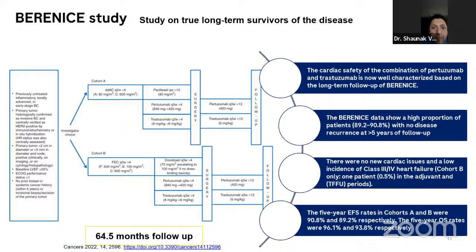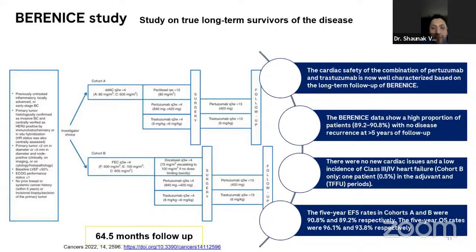So they used neoadjuvant trastuzumab plus pertuzumab in the neoadjuvant setting, as well as pertuzumab in the post-surgical setting. After a median follow-up of almost 65 months, cardiac safety was shown, with no incidence of class 3 or class 4 heart failure, and only one patient in the adjuvant setting developed class 3 heart failure.